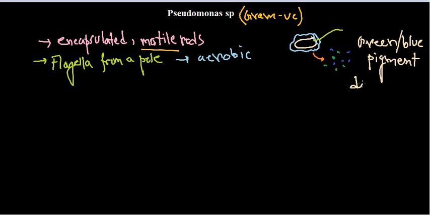These pigments are diffusible. Diffusible means when we are culturing this bacteria in different agar plates or petri plates, we are going to see that these green and blue pigments are generated and diffused from those colonies, right? So let me draw here. Let's say this is the petri plate containing the agar or medium for bacterial growth.